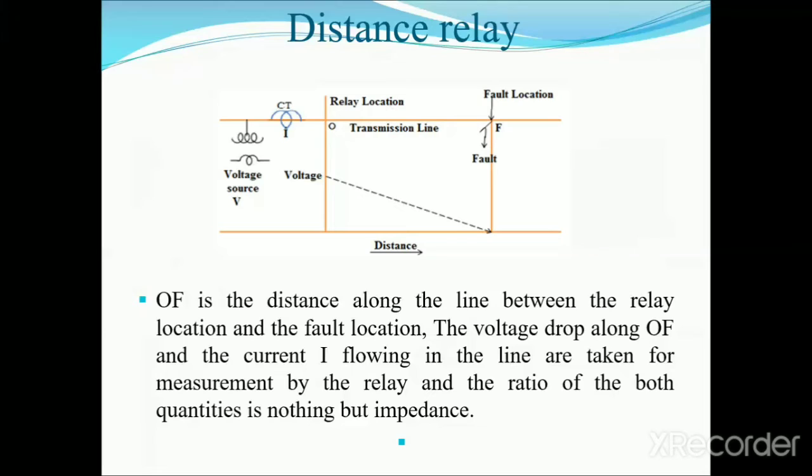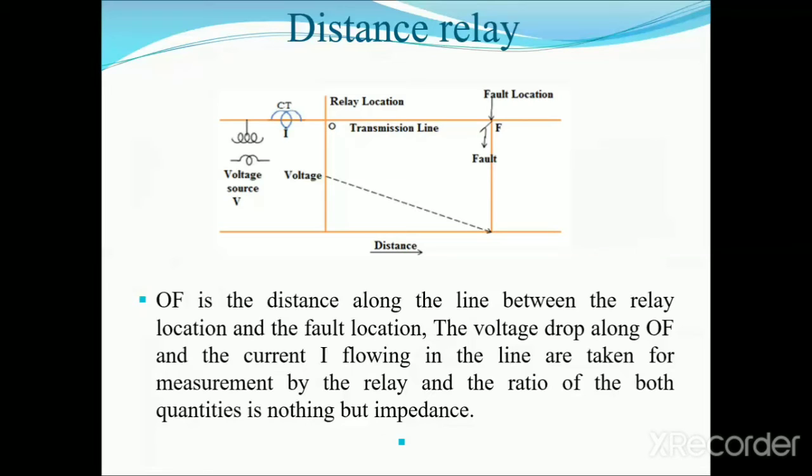Okay, in the normal operating condition, the value of the line voltage is more than the current. But when the fault occurs on the line, the magnitude of the current rises and the voltage becomes less.